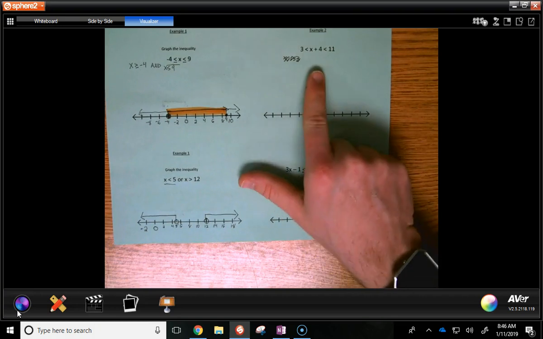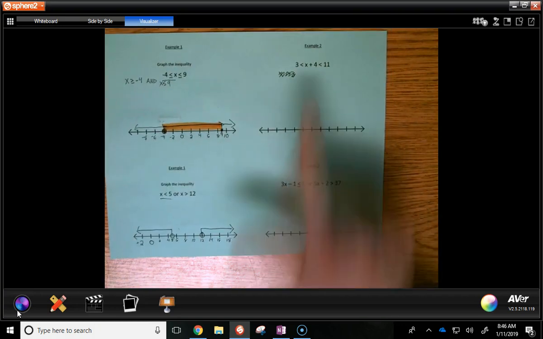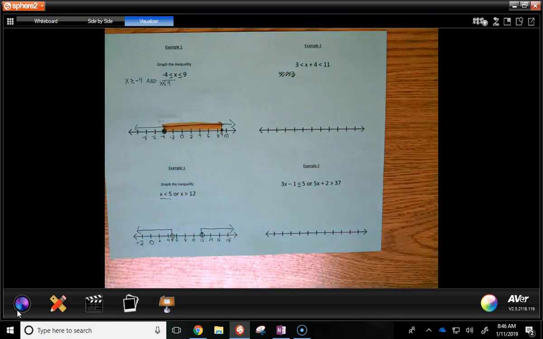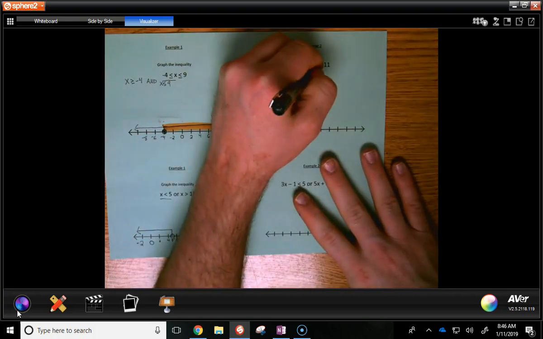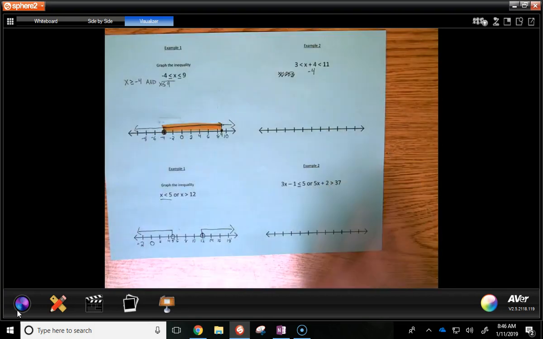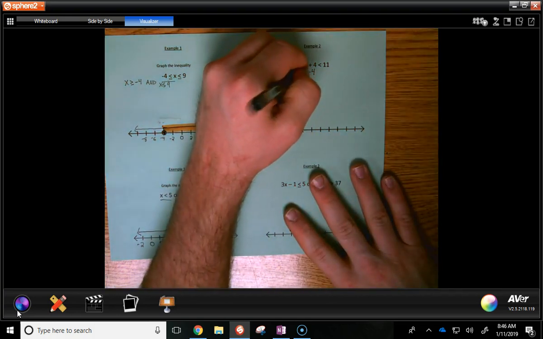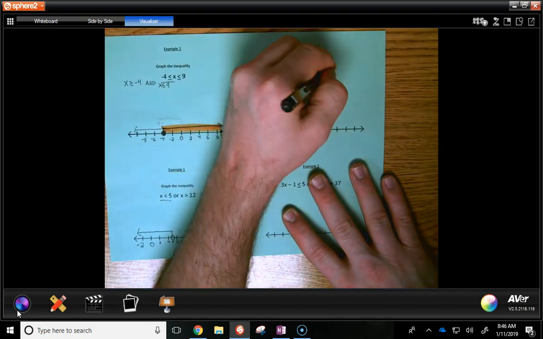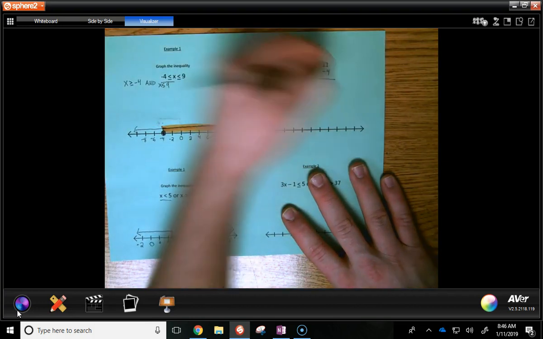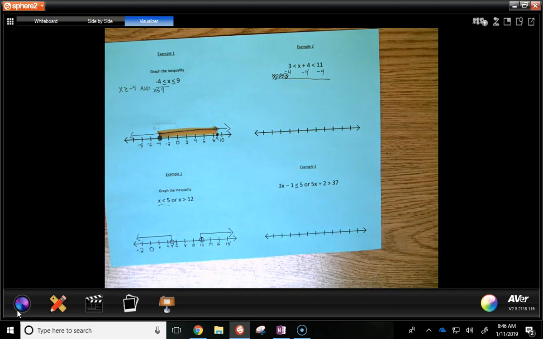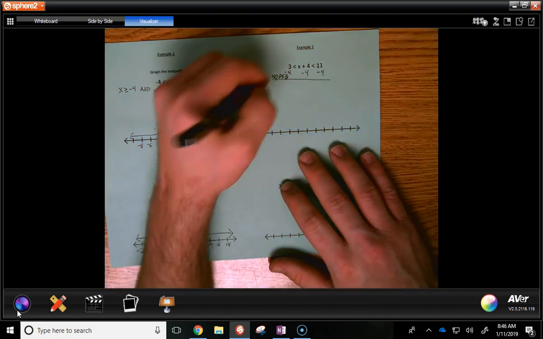If I have x plus 4, the way to undo adding 4 is to subtract. So I'm going to subtract 4, but I have to subtract 4 on all parts of my inequality: 3 and 11 minus 4, because you're really having two inequalities.